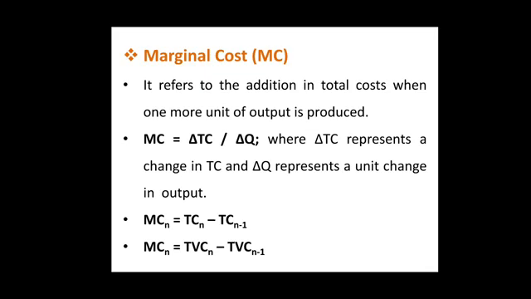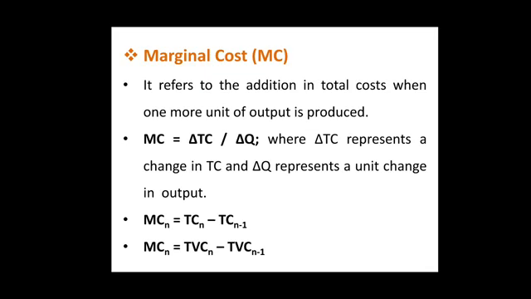Dear students, if in the short run there are only fixed costs, that is, there are no variable costs, then any change of production does not change costs, since fixed costs do not change with the change in output.